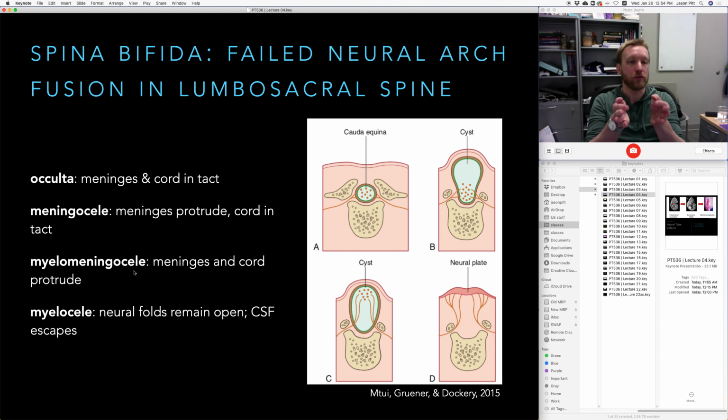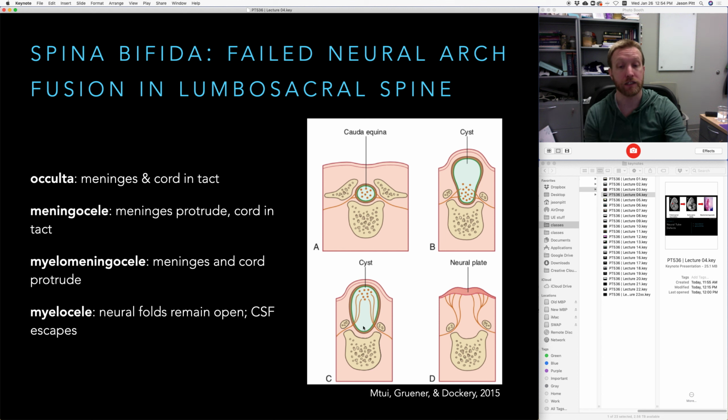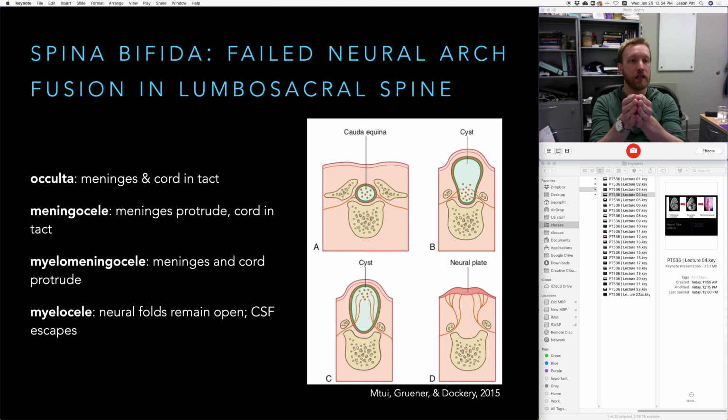Myelomeningocele. Okay, we folded up, we made our tube, we had a herniation, and in this case, nervous tissue herniated out. That's the myelo component. The worst outcome is with myelocele. So we're not talking about problems with the meninges because they didn't really form. We didn't actually fold our plate up into a tube. We left it open.